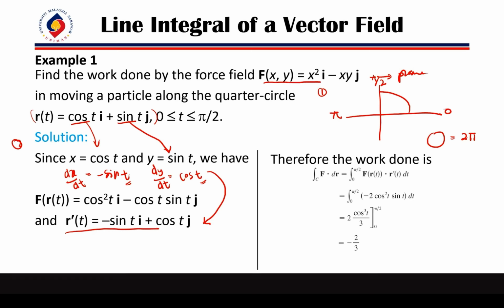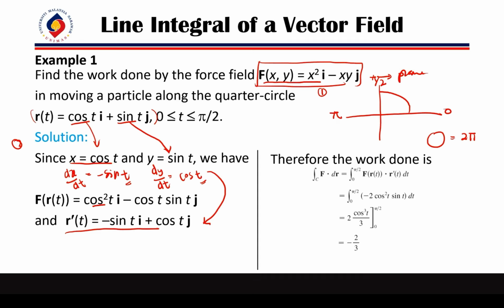Then we get this formula, and we substitute x in terms of this function. So we get x squared, that means cosine squared t, because we want to make everything in the parameter t.